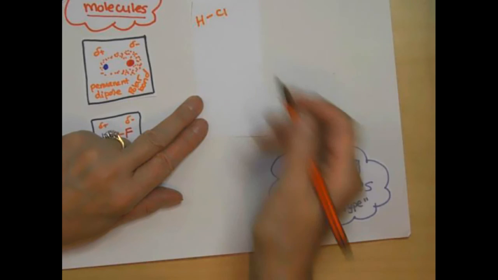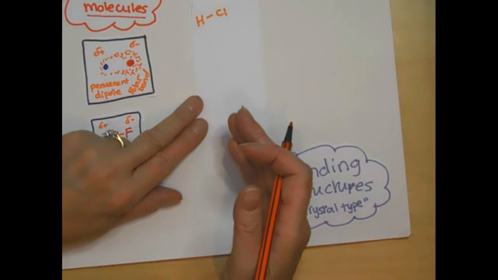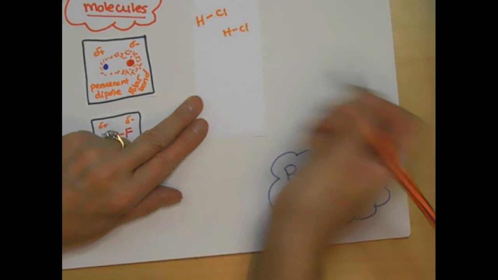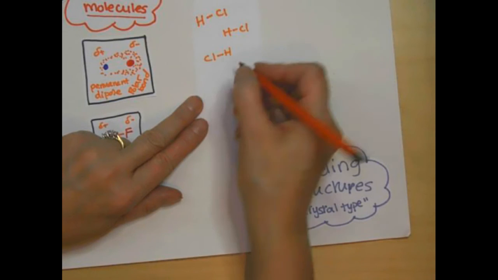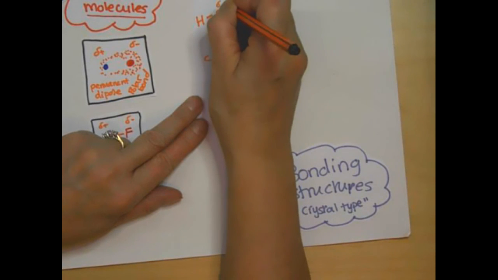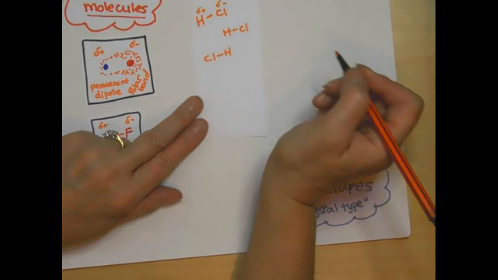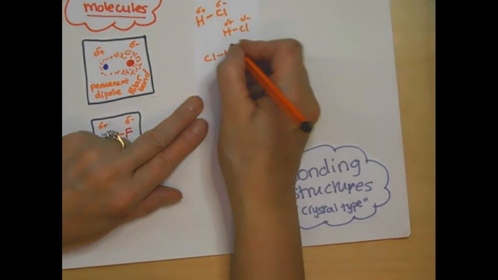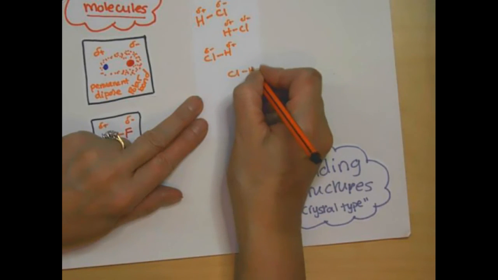And I just want to represent the type of intermolecular forces with hydrogen chloride. So we've got a gaseous mixture of hydrogen chloride, and we can put in our delta negative, delta positive, because we know we've got a dipole on here. The chlorine will pull the electrons, and we will get some lining up of our molecules.